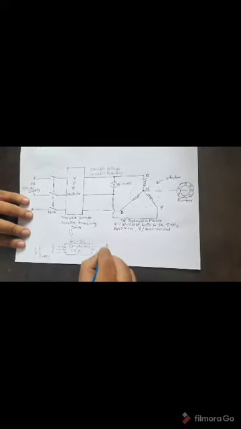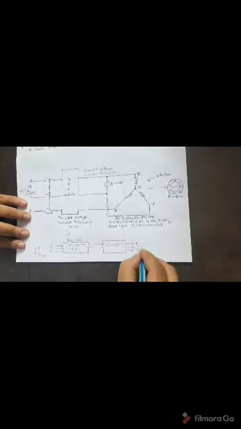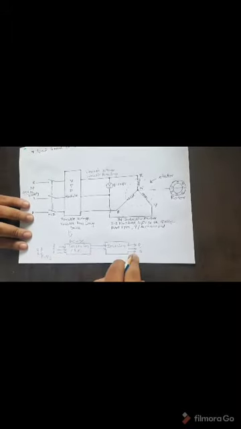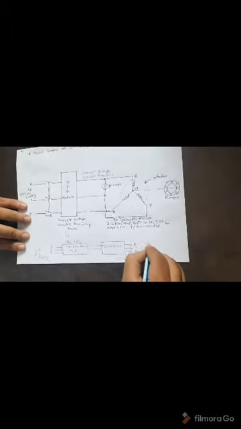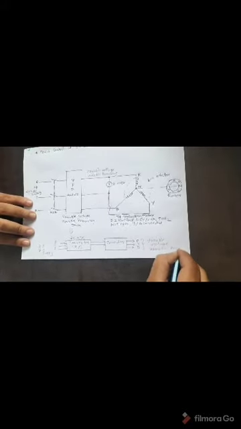This DC is further converted to AC by the important device called the inverter. This converter and inverter circuitry is my VFD drive. The difference between this side RYB and that side RYB is that this one has variable voltage and variable frequency. This variation is achieved by controlling the firing angle of the power devices present in the converter and inverter circuitry. So this is the basic circuit diagram.